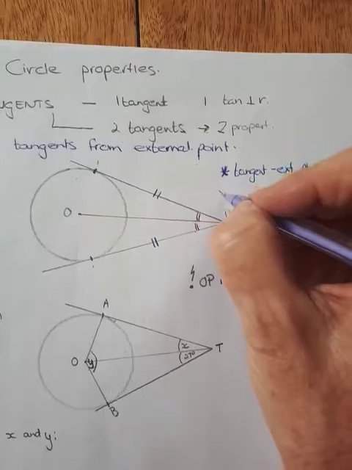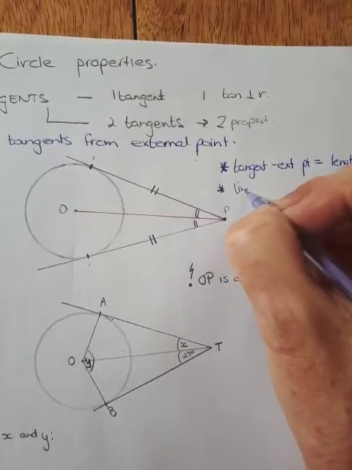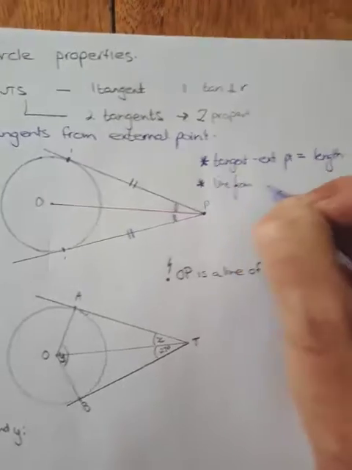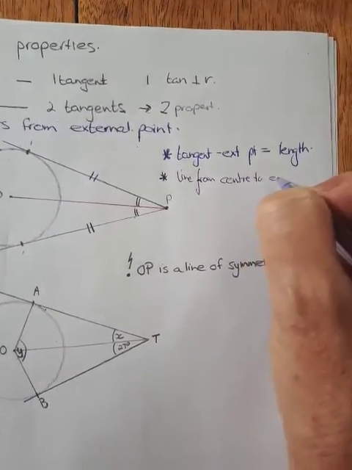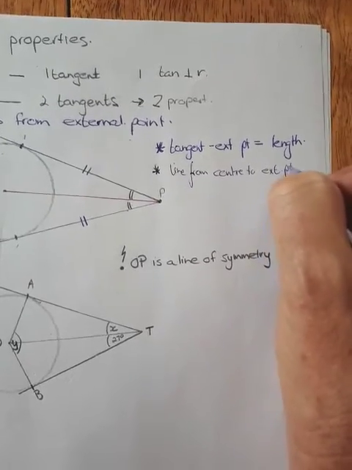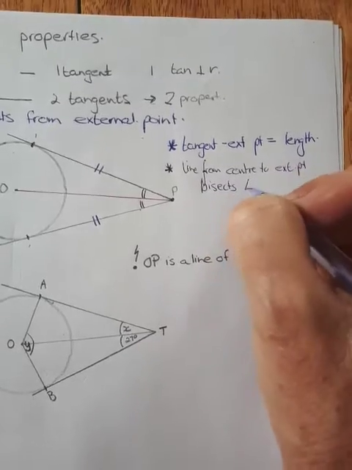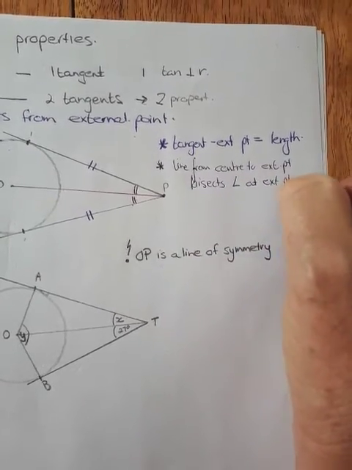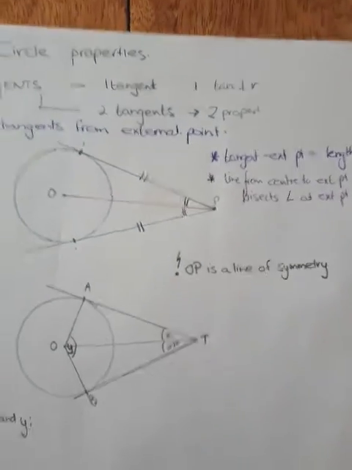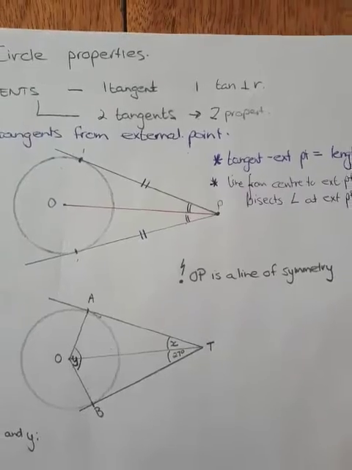So the second property is simply: line from center to external point bisects angle at the external point. Okay, it is a long explanation. However, if you look at the drawing, it is quite easy, isn't it?